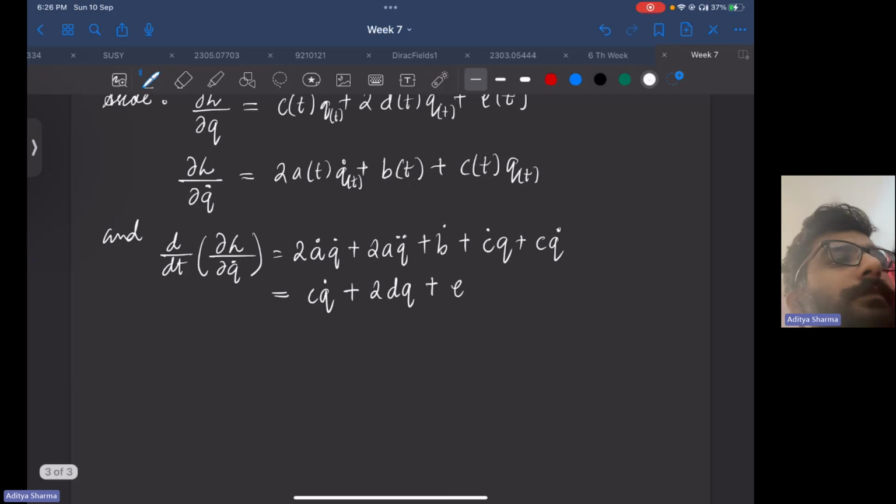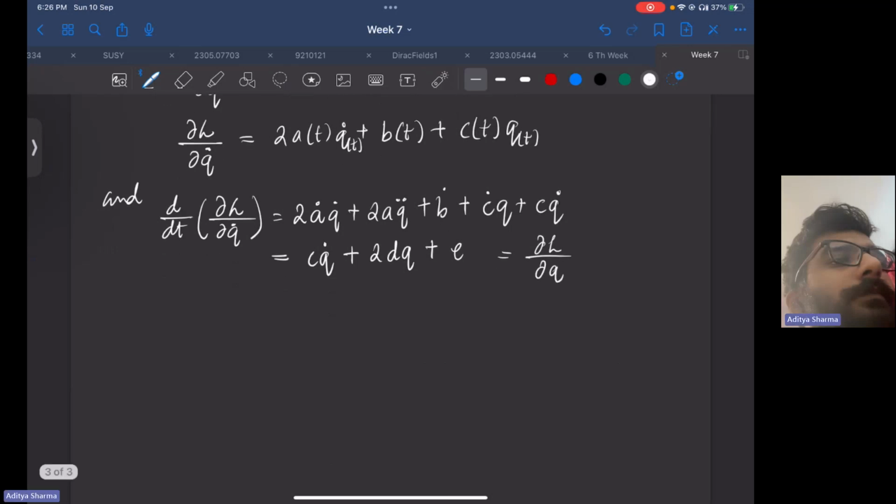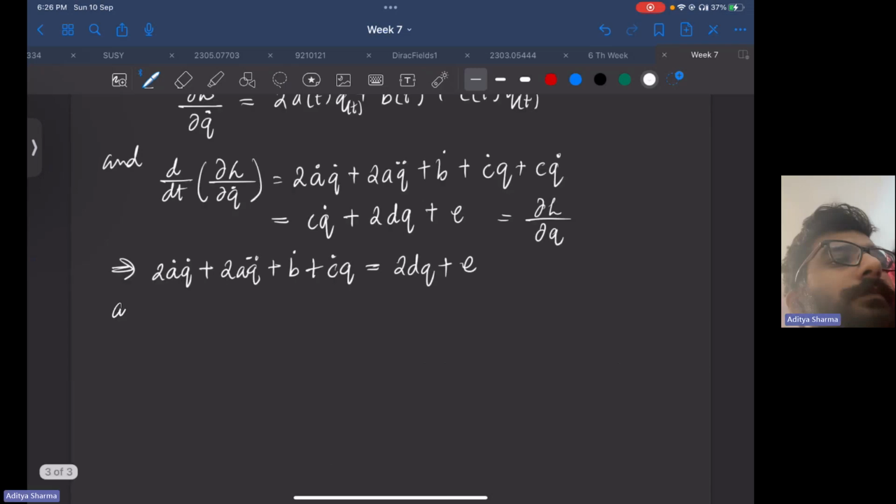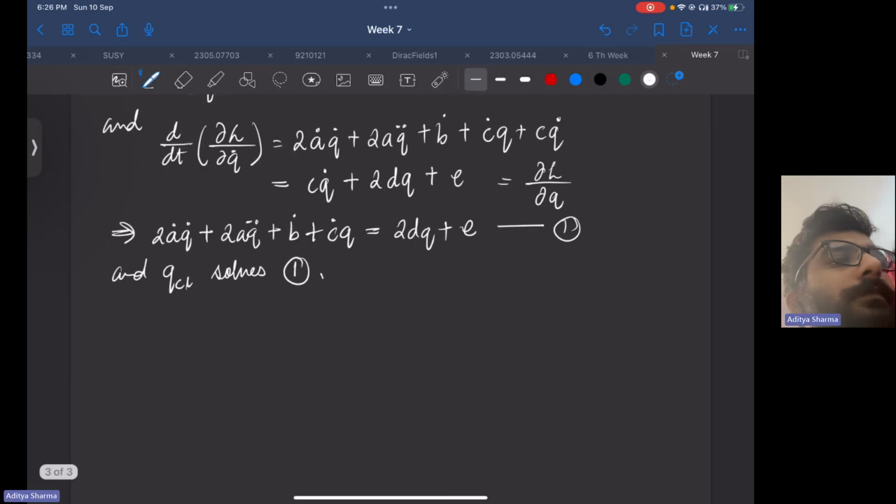So cq dot cancels, and we are left with 2 a dot q dot plus 2 a dot plus b dot plus c dot q equals p b q plus e, and q classical solves one, where one is this. This has been given to us.